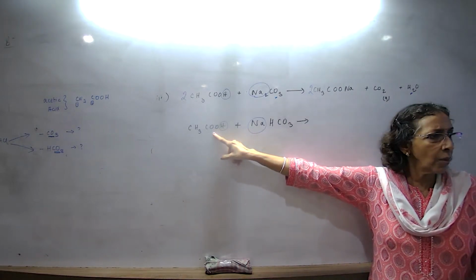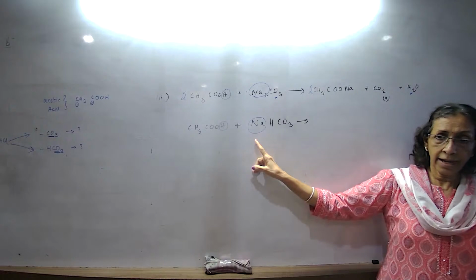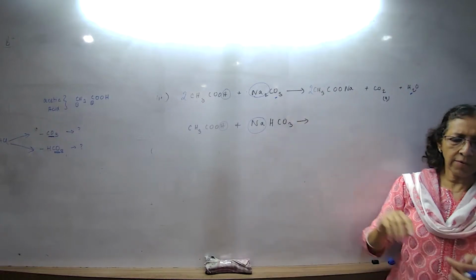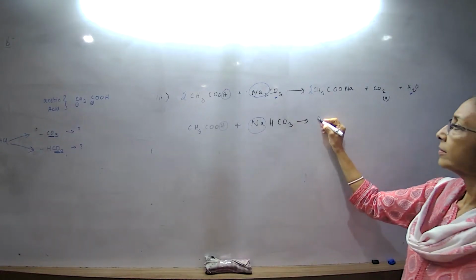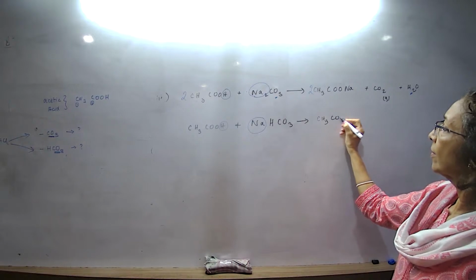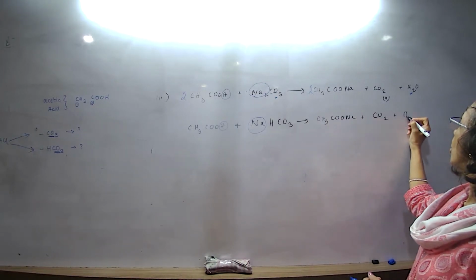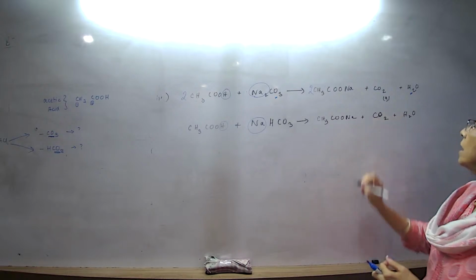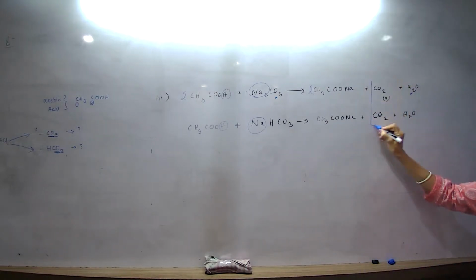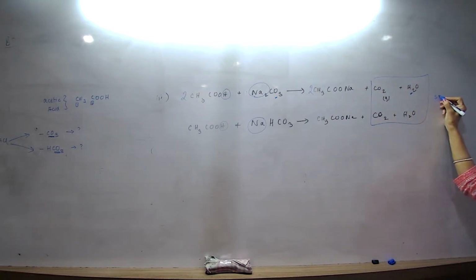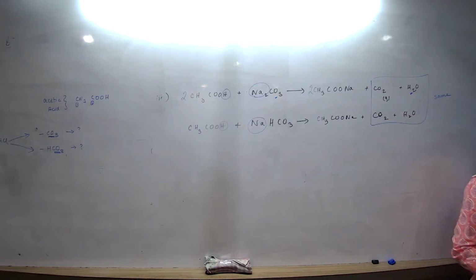CH3COONa, and of course carbon dioxide and water. Come on, write it down. Did you notice that in both the cases, this part of it is the same? Okay, so this can be used as a test.